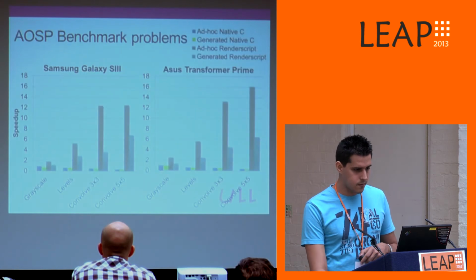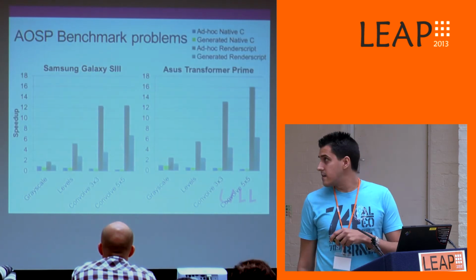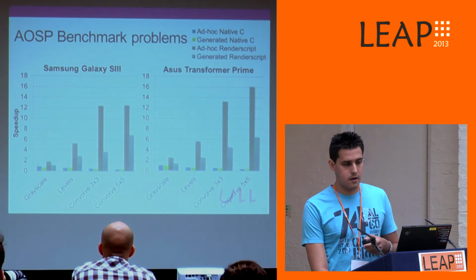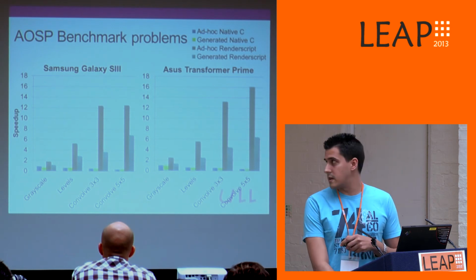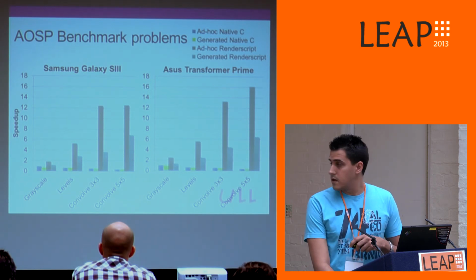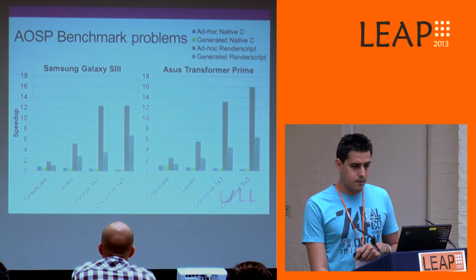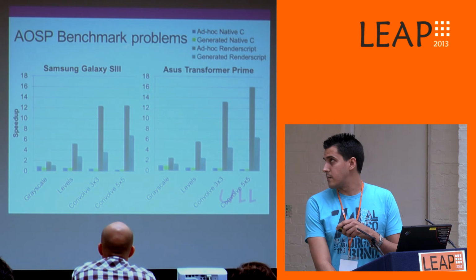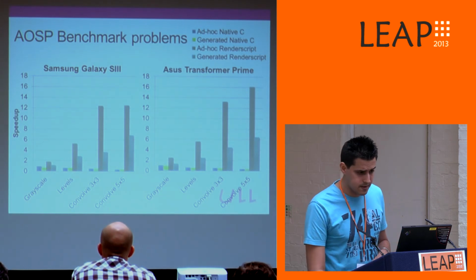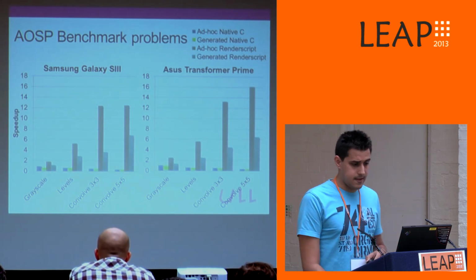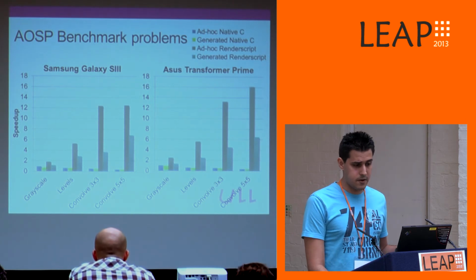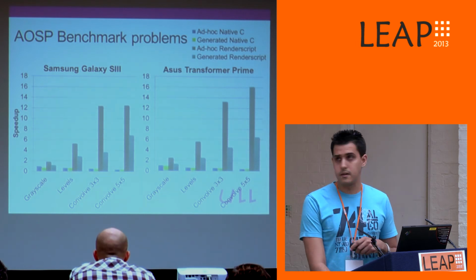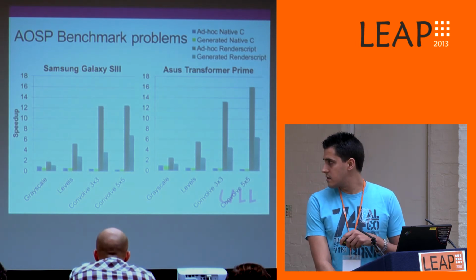This chart shows the speedup relative to the ad hoc Java version for the Renderscript benchmark problems. The native version doesn't have difference between ad hoc and generated version in this case.